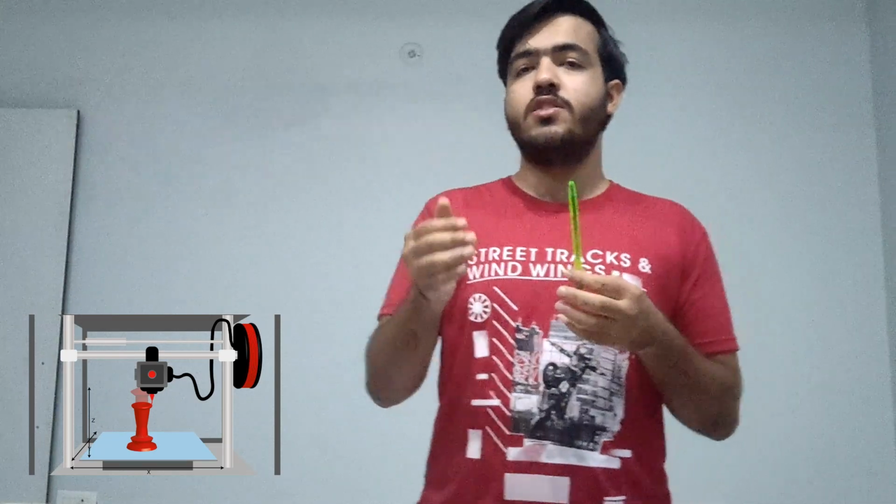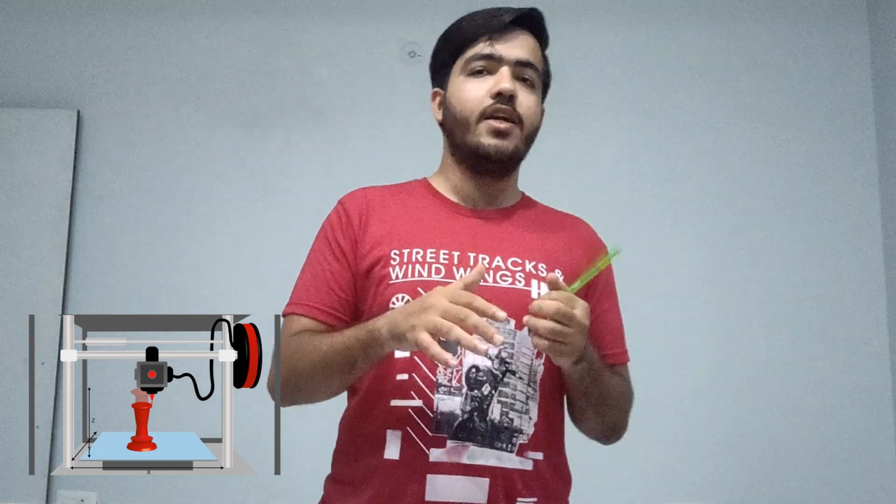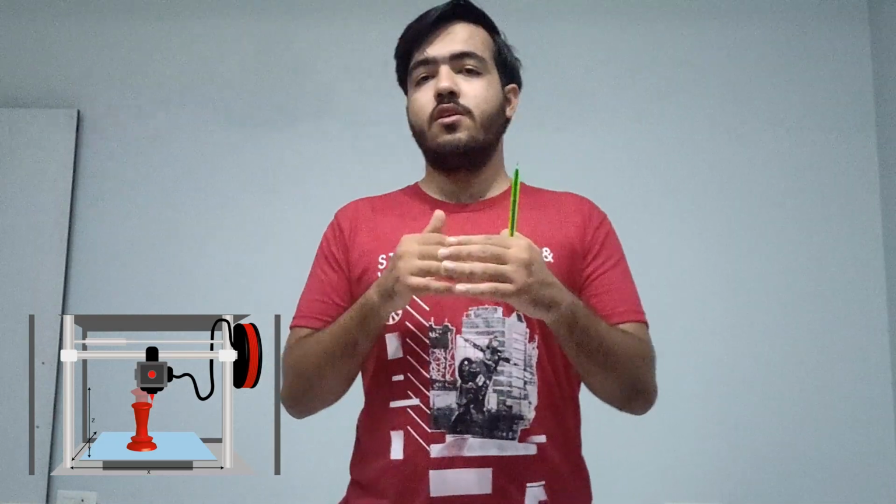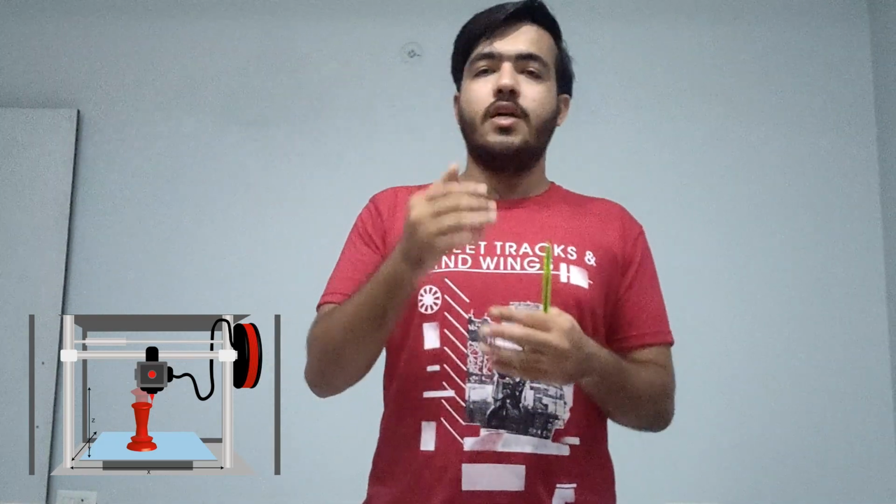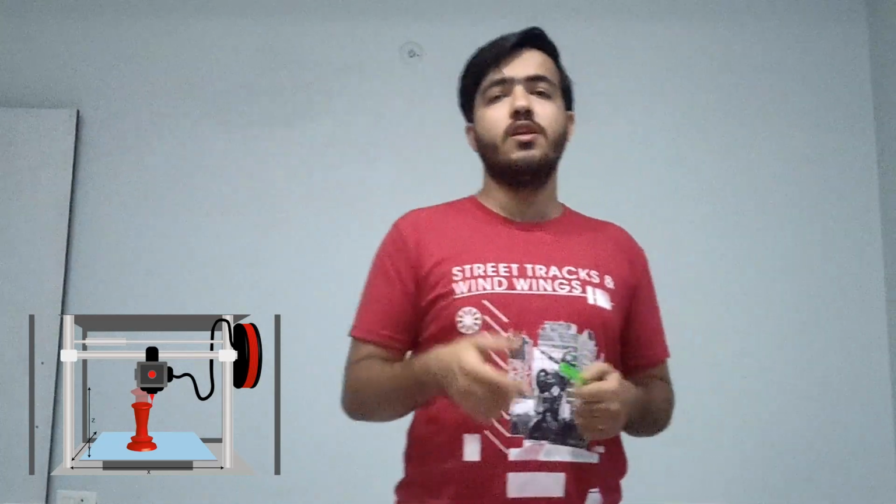That technology where particles are added one over the other, one layer over the other, is called additive manufacturing and is commonly known as 3D printing. So that is what 3D printing is: additive manufacturing.